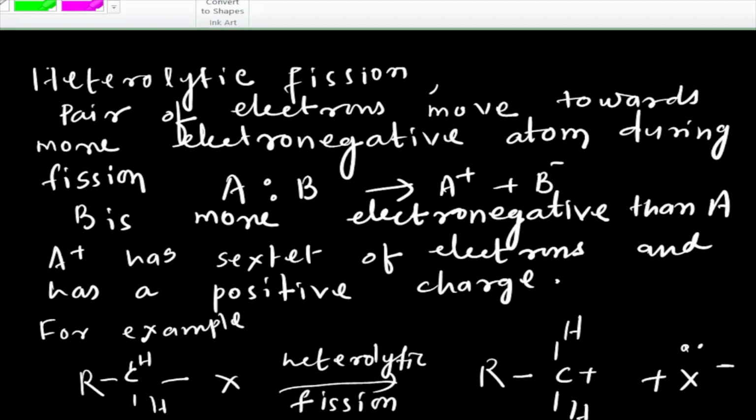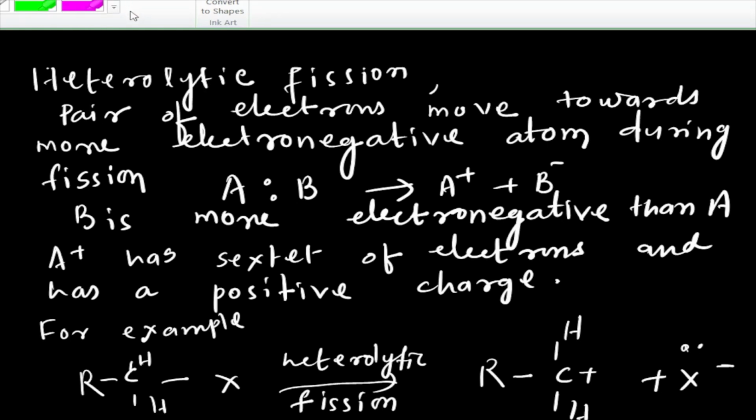Now see here, the covalent bond is formed by the sharing of this pair of electrons. This pair of electrons is responsible for the covalent bond, and here you can see a pair of dots. A pair of dots means a pair of electrons.